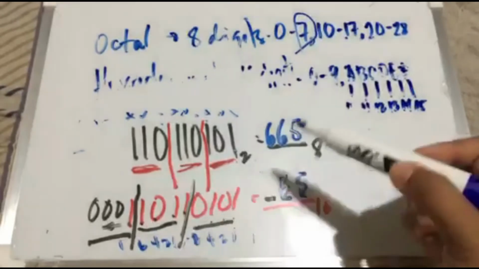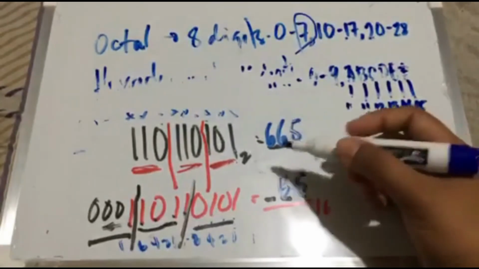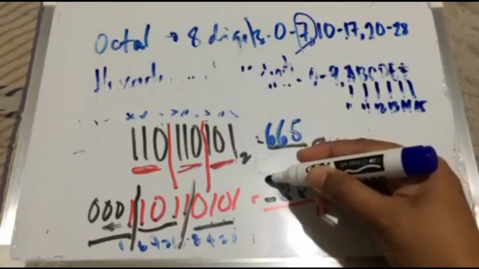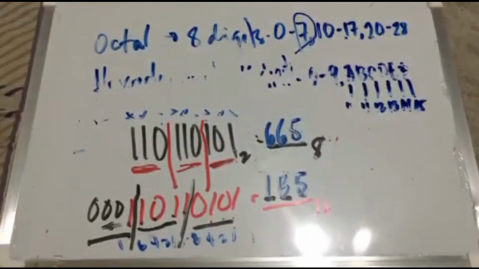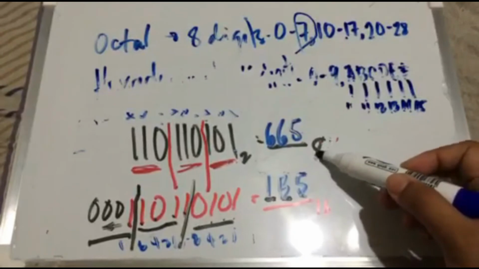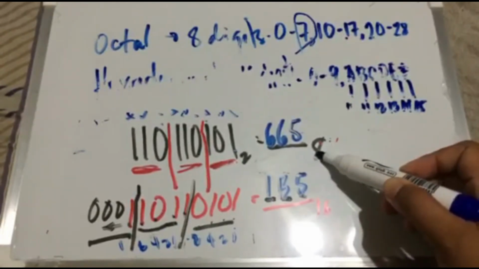And then the last group, which is 1. Yan. So this is an example of the same binary numbers, but they are converted to what?